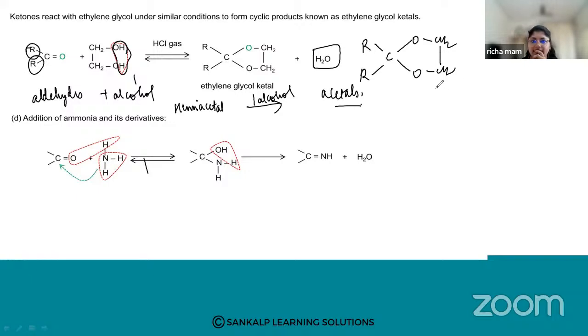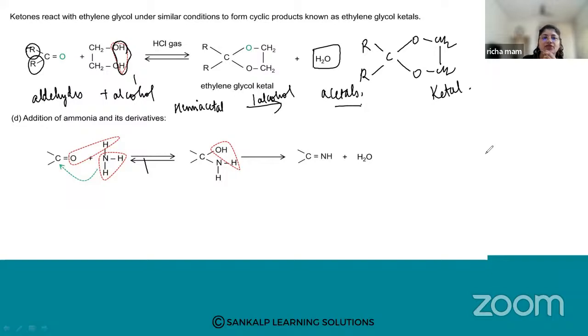So you get an ethylene glycol ketal. You get ethylene glycol ketal. Like this, the O minus will get polarized and you will get the ethylene glycol ketal group. So this is another reaction where it undergoes a nucleophilic addition reaction.